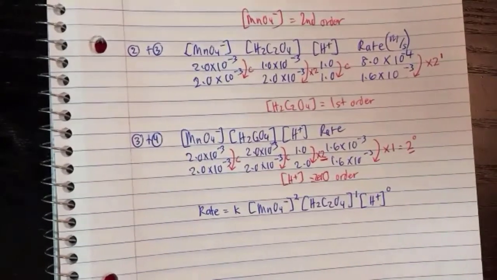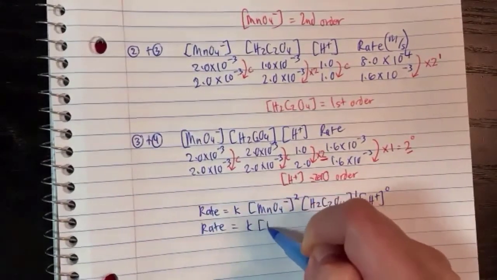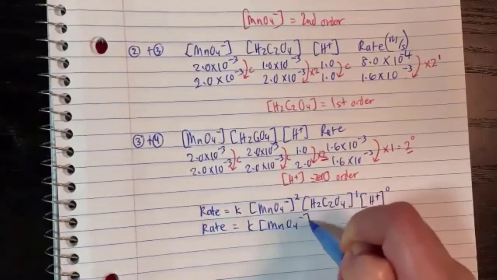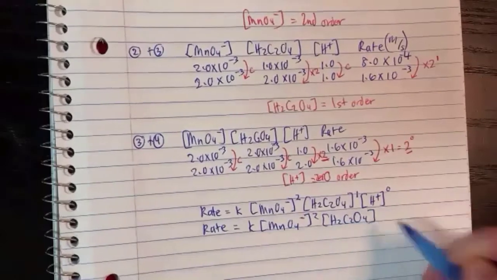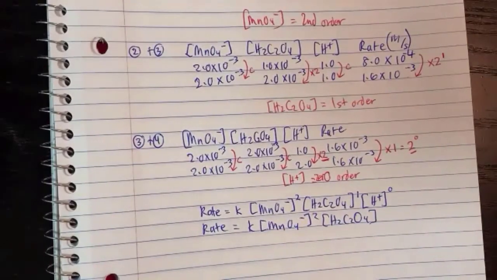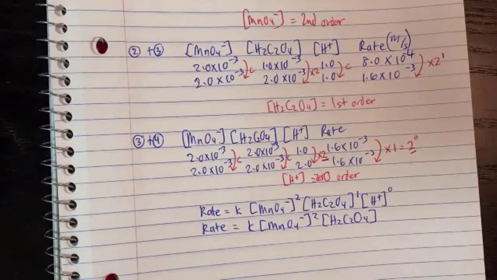Okay, now a lot of times you can write it like that, or it's the same thing as writing K MnO4 negative squared times H2C2O4. That's literally the same thing. So a lot of times they drop that 1 and the power 0.